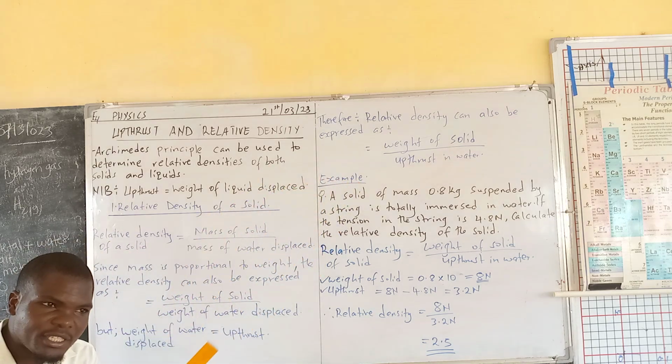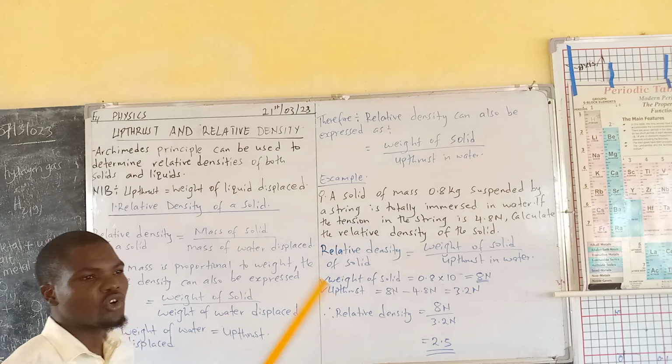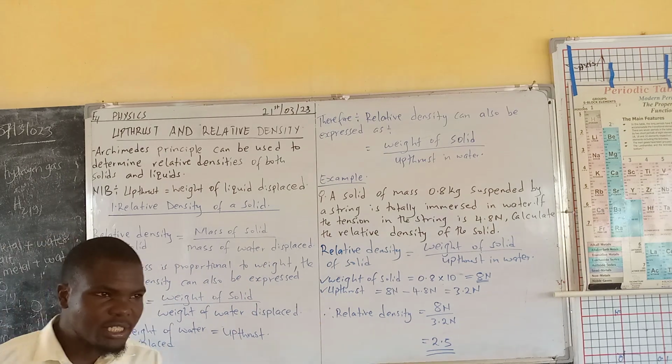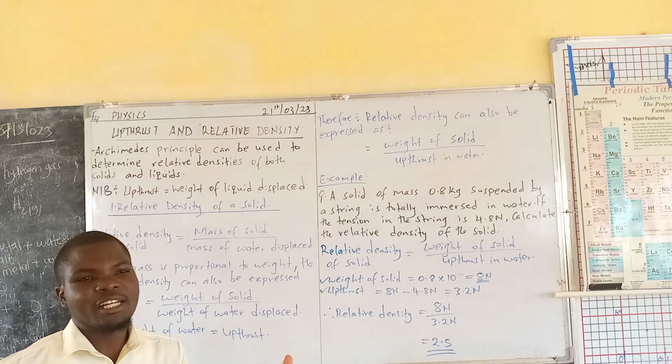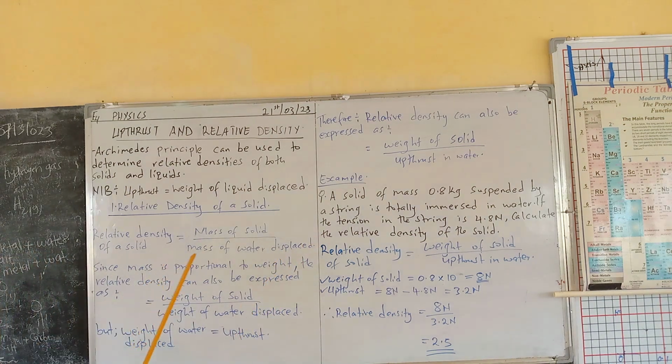When a solid is immersed in water, it displaces a given amount of water, so the weight of this water displaced is the one we are talking of. So relative density: take the mass of the solid, divide it by the mass of water displaced.